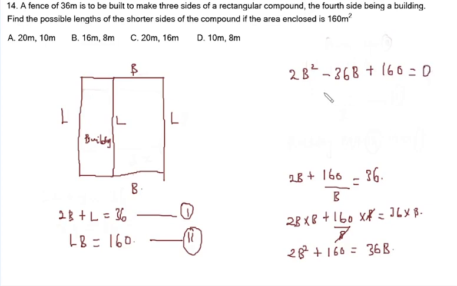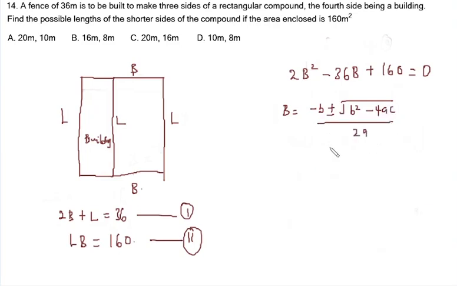Now this is a quadratic equation. We can use the quadratic formula and say B is equal to minus B plus or minus the square root of B squared minus 4AC over 2A. Let me clean up more space. From this equation, our A value is equal to 2, our B value is equal to minus 36, our C value is equal to 160.